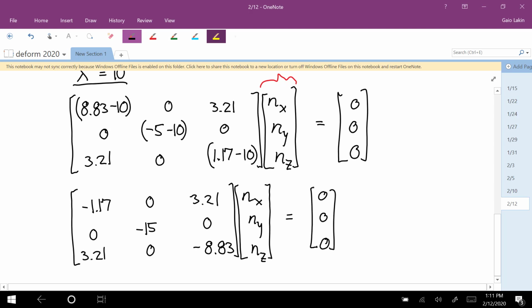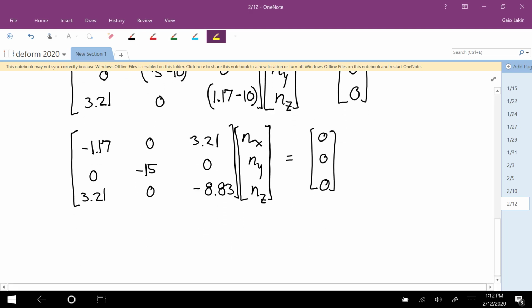Okay, so since we're using lambda equals 10, and we put that into the equation, this is going to be the eigenvector that corresponds to lambda equals 10. So we're coming up with the axis, basically the outward facing normal for the face that has a normal traction of 10.